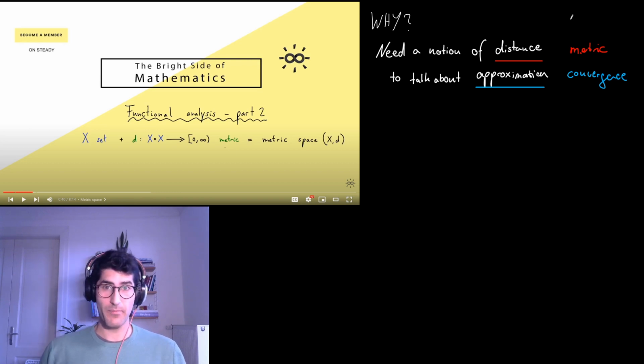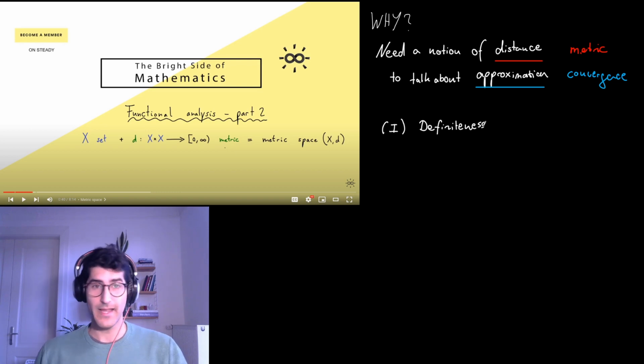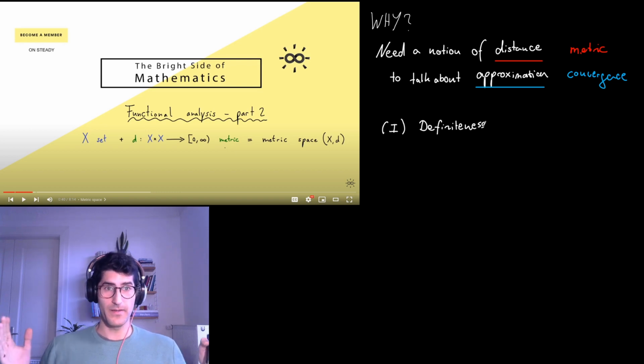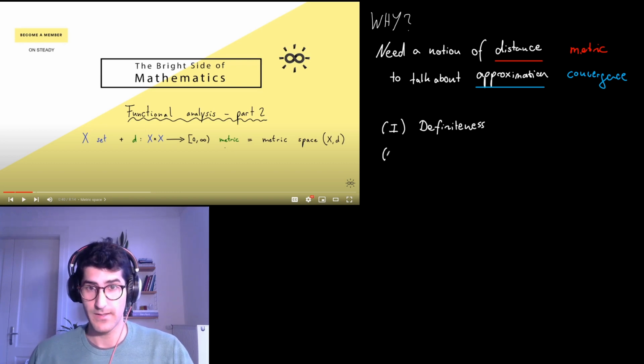As a quick recap, let's also go through the names of the three properties that define a metric. The first property was definiteness and tells us whether two objects that have distance 0 are equal or different. The second property is called symmetry.